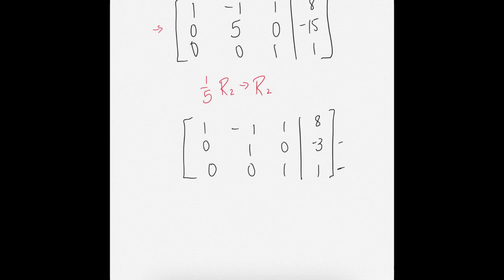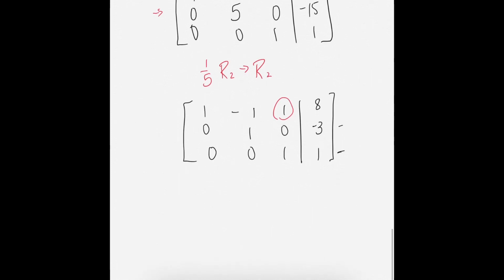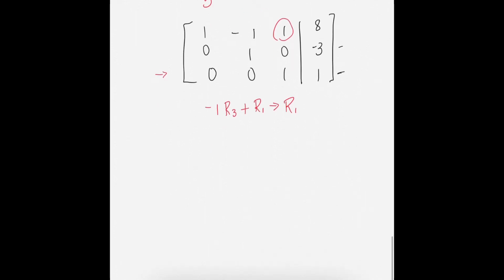All right, let's just finish this though, say we did. So this one here, I need to get rid of this. It needs to be a 0. So to make it a 0, again, make sure you don't undo anything, but I'm going to use row 3. I'm going to take negative 1 times row 3 and add that to my row 1 and replace my row 1.